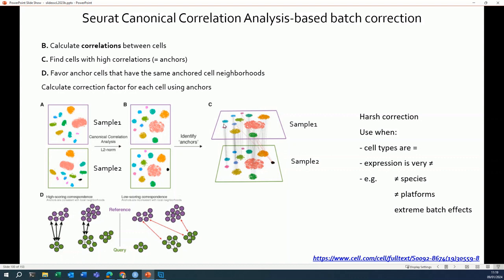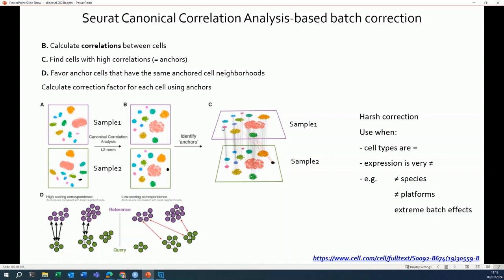You see that it finds anchors here, so cells with high correlations. And then it will look at the vicinity of these cells to see if it can find similar cells in the vicinity. And if this is the case, it's going to favor these anchors. And then it's going to use the anchors to calculate correction factors.